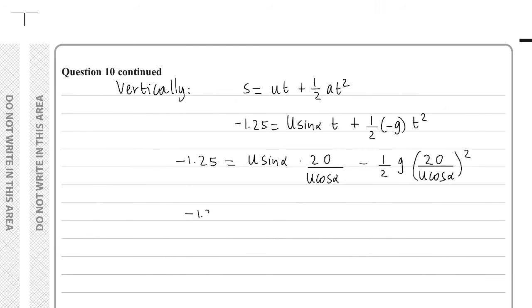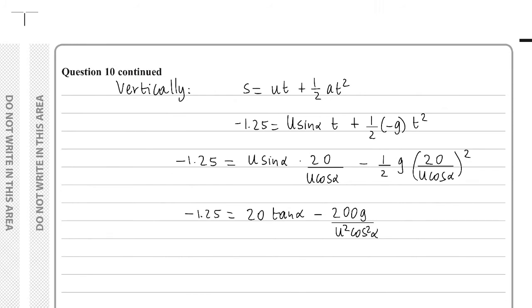So minus 1.25 will be 20 tan alpha minus 200 g over u squared cos squared alpha.